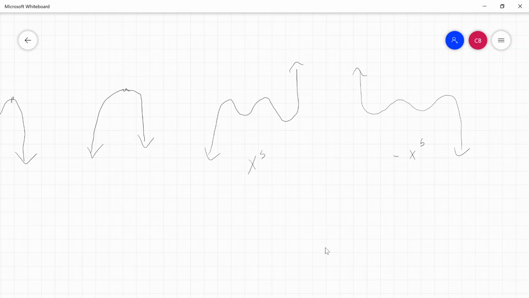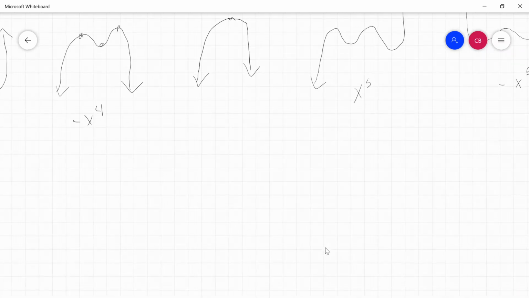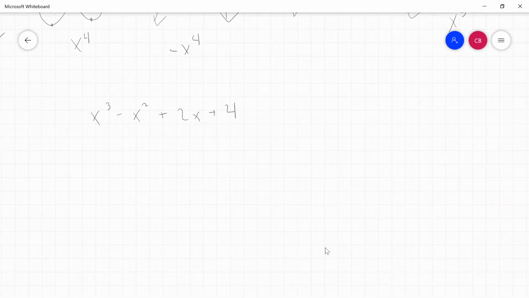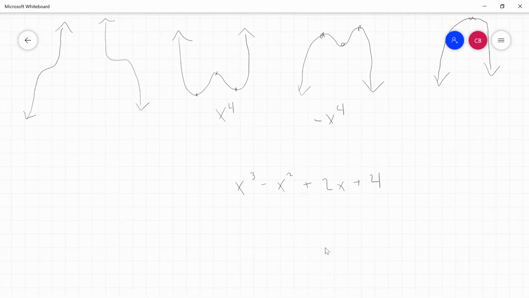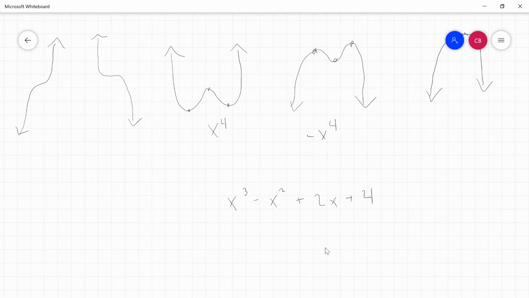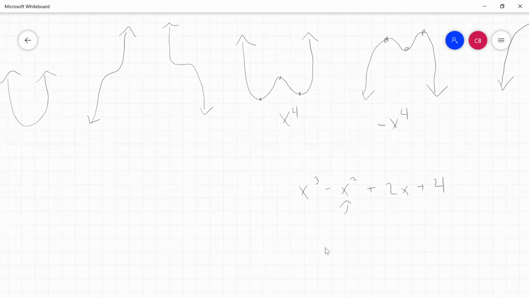And so these can have very different formulas. So let's look real quick. If I give you x to the third minus x squared, 2x plus 4, for instance, and I asked you which graph does this most closely resemble, well, you see an x squared there, you might think, oh, this is a parabola.